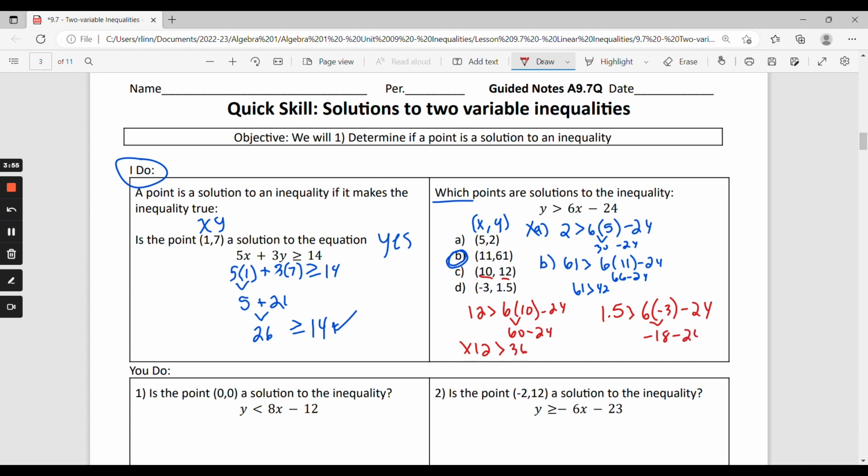Negative 18 minus 24 is going to give me, what is that? No, sorry, 42. So we've got negative 42. 1.5 is indeed greater than negative 42. So we're going to say that that one is also true. So our correct answers are B and D.